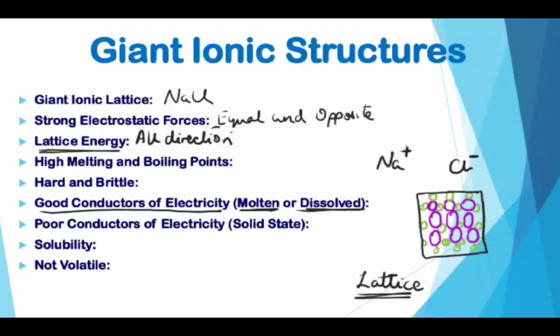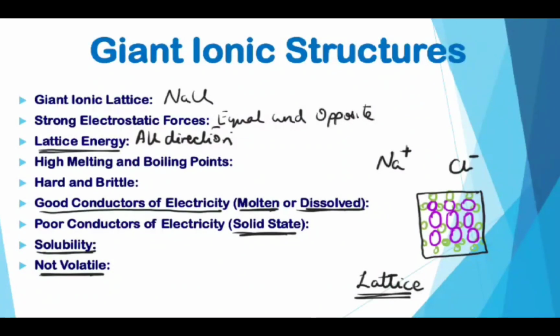Because they are solids, in case they turn into liquid, then they can conduct electricity. Otherwise, they are poor conductors of electricity in the solid state. They are highly soluble and they are non-volatile.